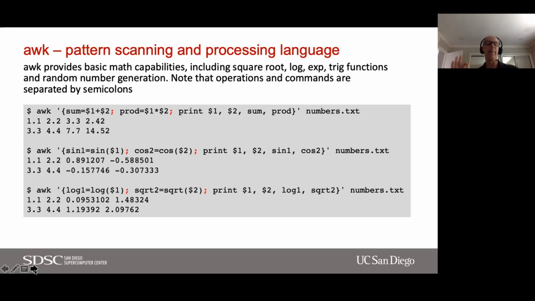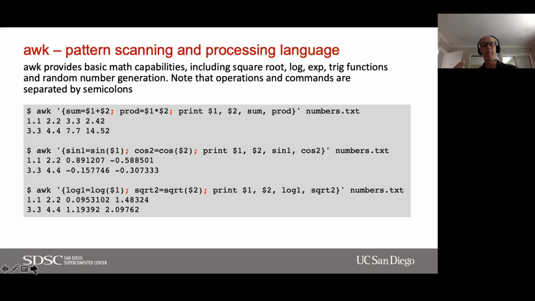This was another thing that surprised me a little bit, and that is awk has built-in square root and logarithm and exponentiation and trigonometric functions, along with random number generation. So let's say this time I wanted to calculate sines and cosines.